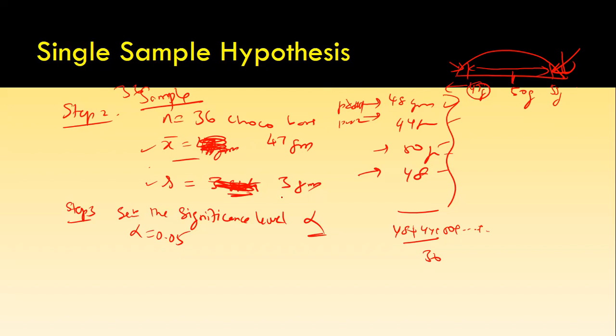That is what alpha is for. Conventionally, we use the value 0.05 here. Just park this in your brain. Step 4, we are going to calculate the test statistic.